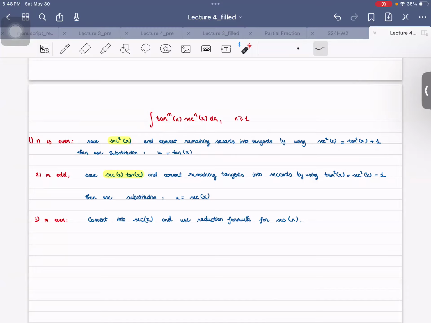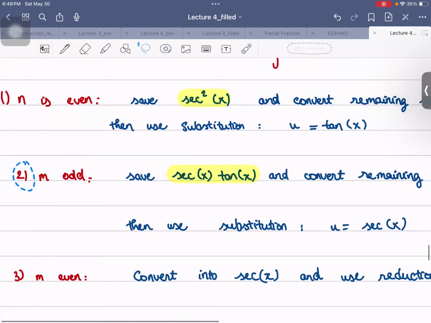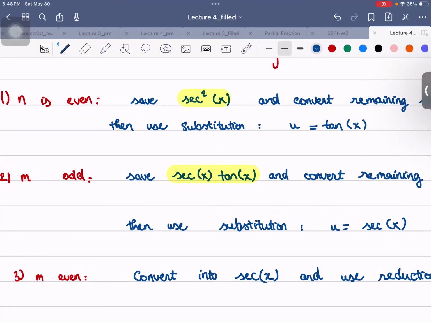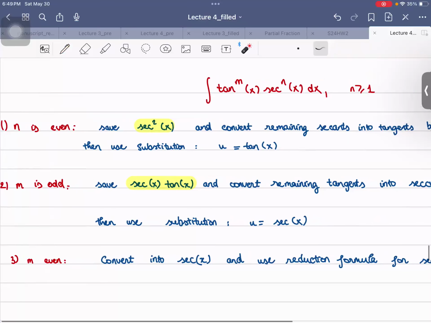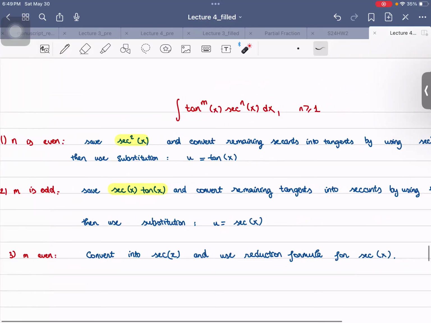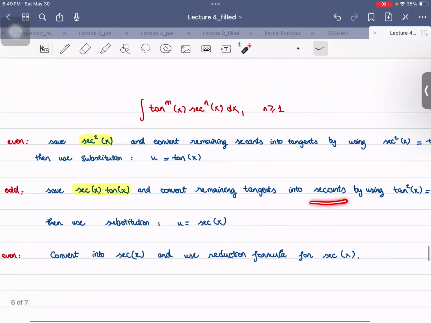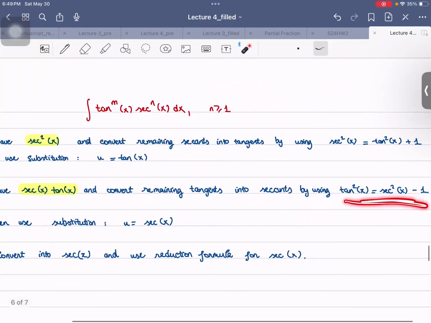The next case is when the power of tangent is odd. If the power of tangent is odd, then I want you to save secant times tangent and convert the remaining tangent into secant using the same identity.